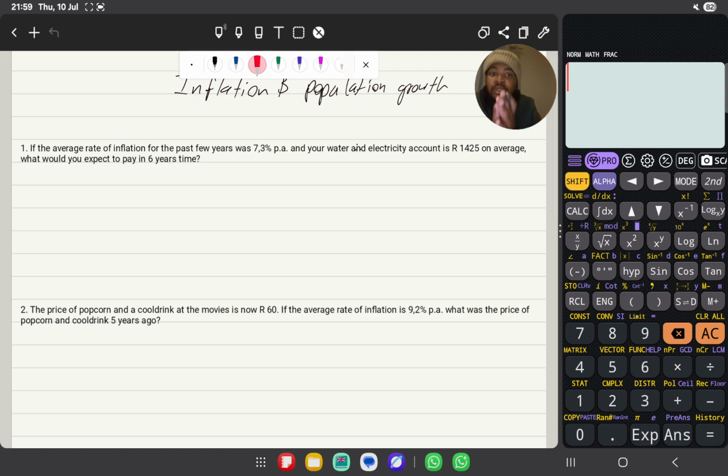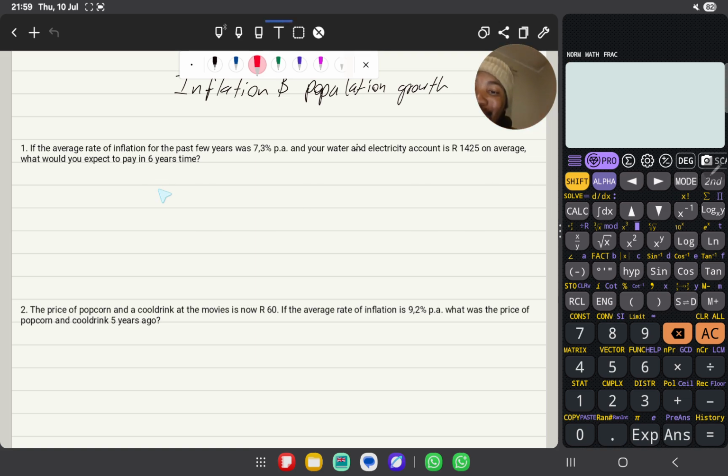What would you expect to pay in 6 years' time? Remember, inflation is always increasing, so prices will always increase. Back in the days, you could get a lot with just 10 rand, and now you will starve with 10 rand. So prices do increase, and the formula we use for the growth rate is the compound interest formula, which we're going to use right here.